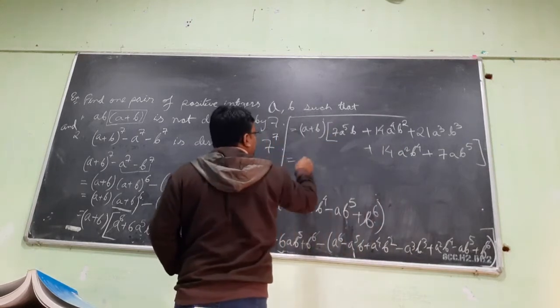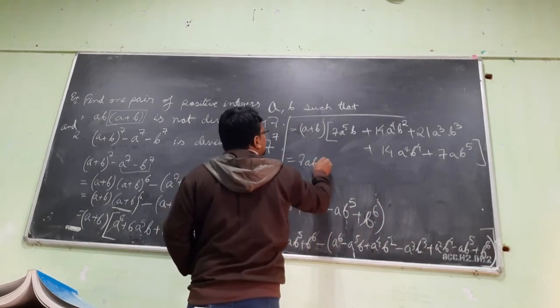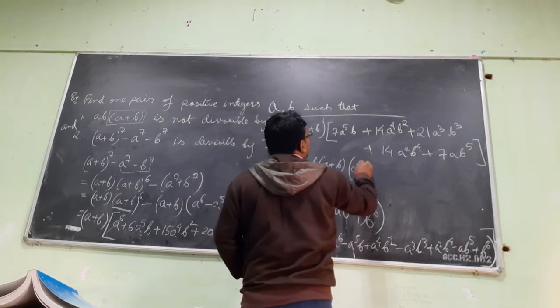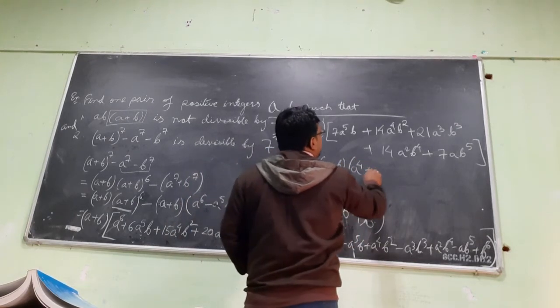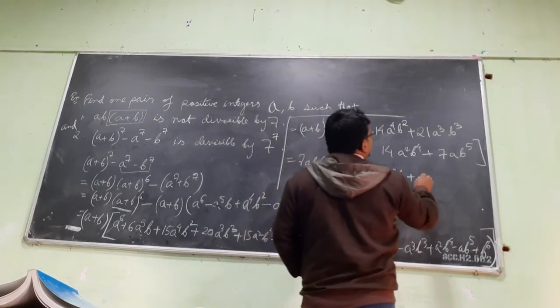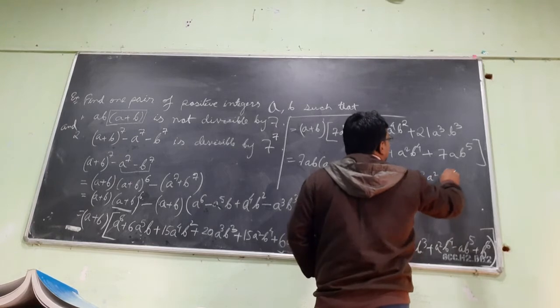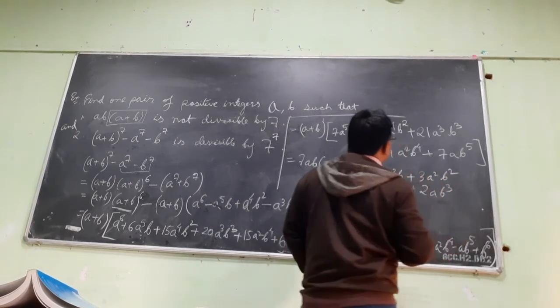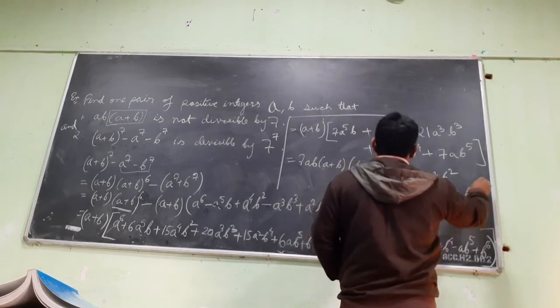Now we will take common again 7ab in this form: 7ab into a plus b multiplied with a to the power 4 plus twice a cube b plus 3 a square b square plus twice a b cube plus b to the power 4.